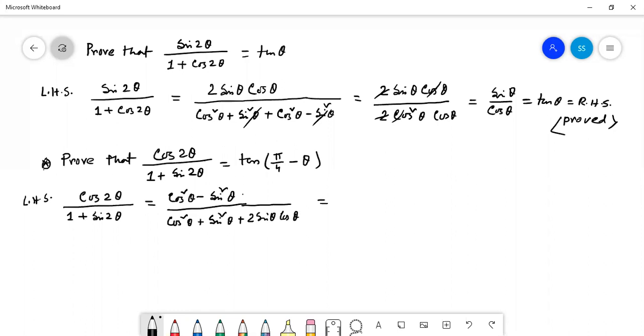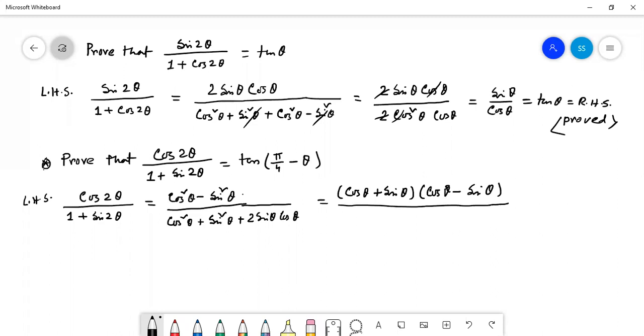So from the upper half it is a square minus b square, so it can be written as (cos theta plus sin theta) into (cos theta minus sin theta). Can you write this in the upper half?